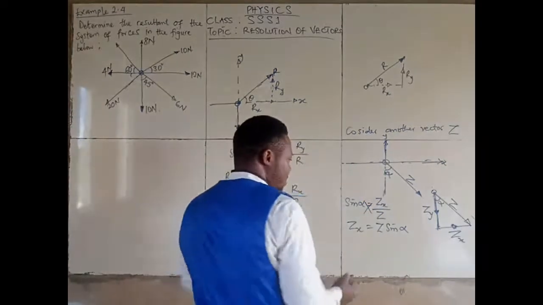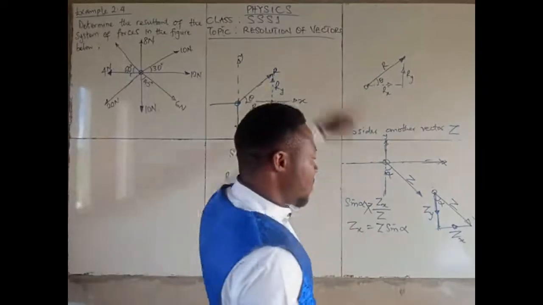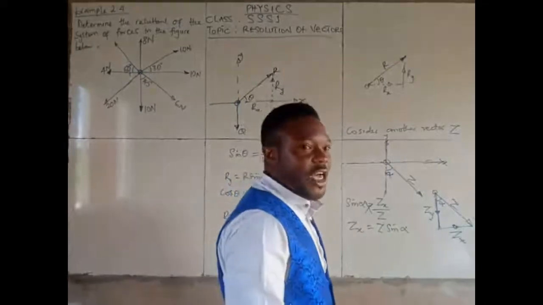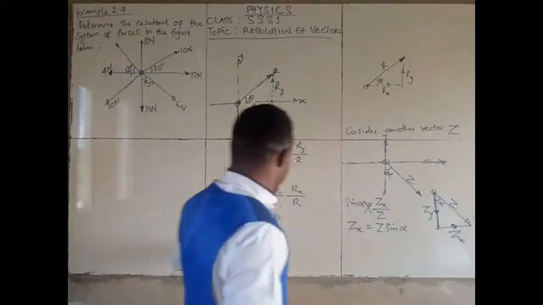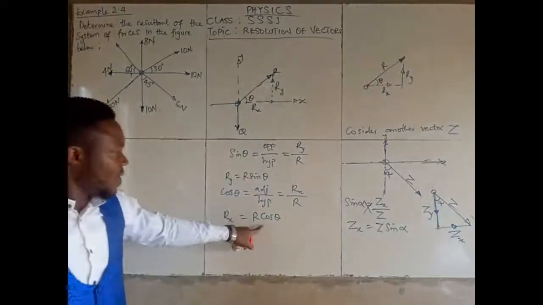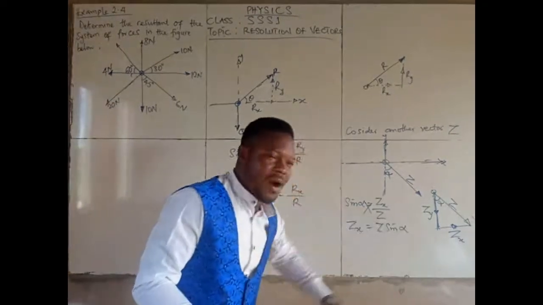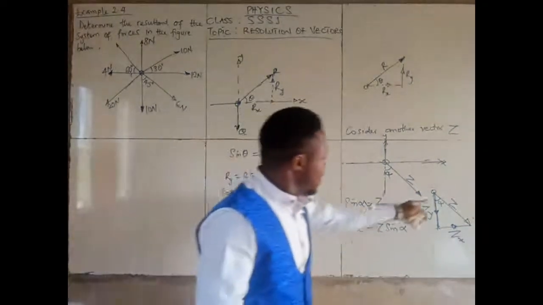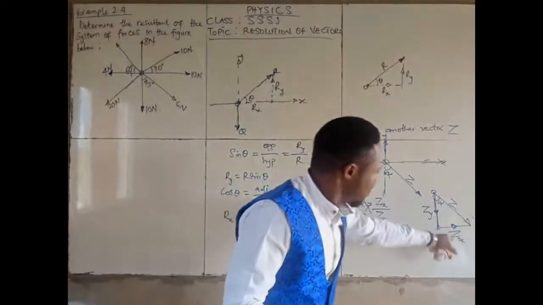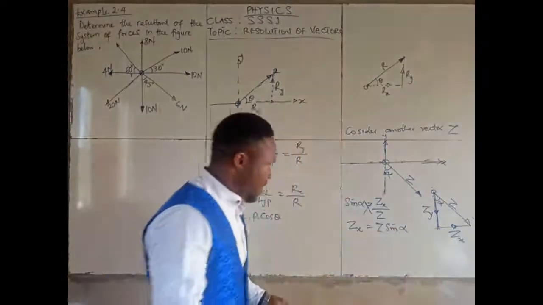Similarly, you can see this is quite different from what we had initially, where Rx was R cos theta. But this one, Zx, is Z sine alpha. The reason is that it is Zx that is opposite to that alpha. That is what I want you to observe.